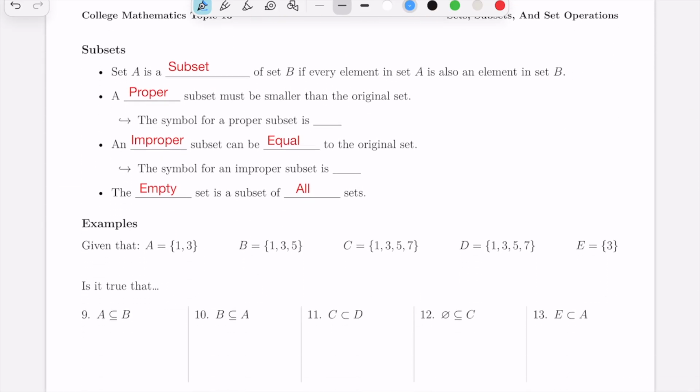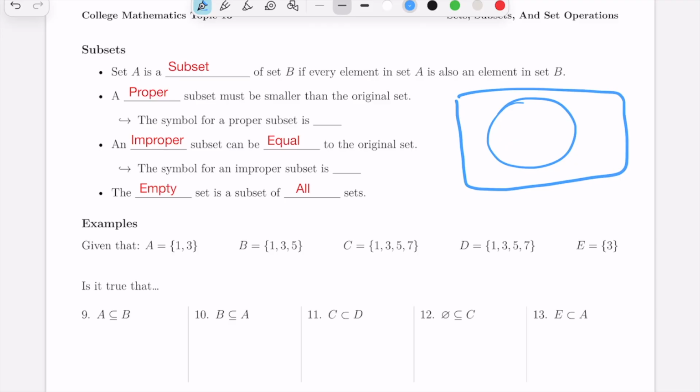All right, let's keep going here. Set A is a subset of set B if every element in set A is also an element in set B. So a picture of what that might look like, I know we haven't done much with Venn diagrams before, but what that might look like is if we have, this is set B, and if set A is contained completely inside of B, then A is a subset of B. In this case, A is actually a proper subset of B because it's smaller.